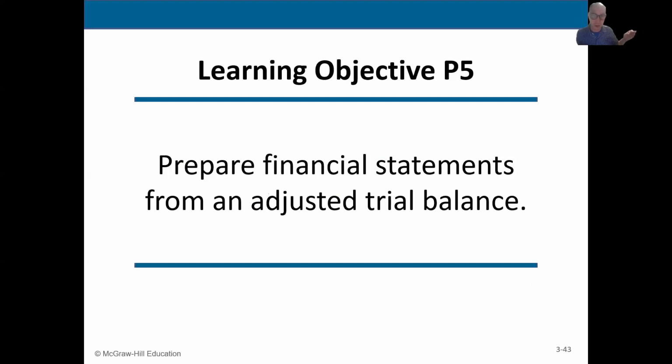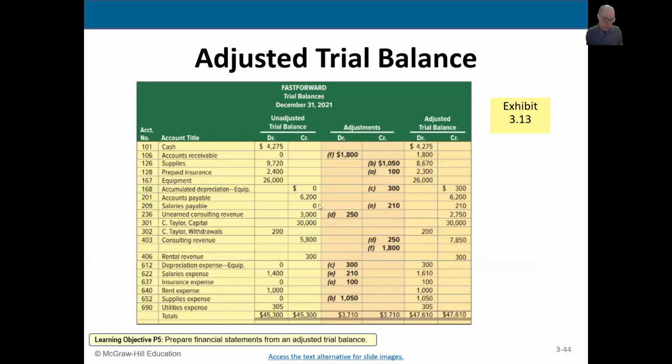After we've done our adjusting entries, we prepare what's called an adjusted trial balance. The unadjusted trial balance is a list of the accounts and the balances of those accounts before the adjustments were recorded.